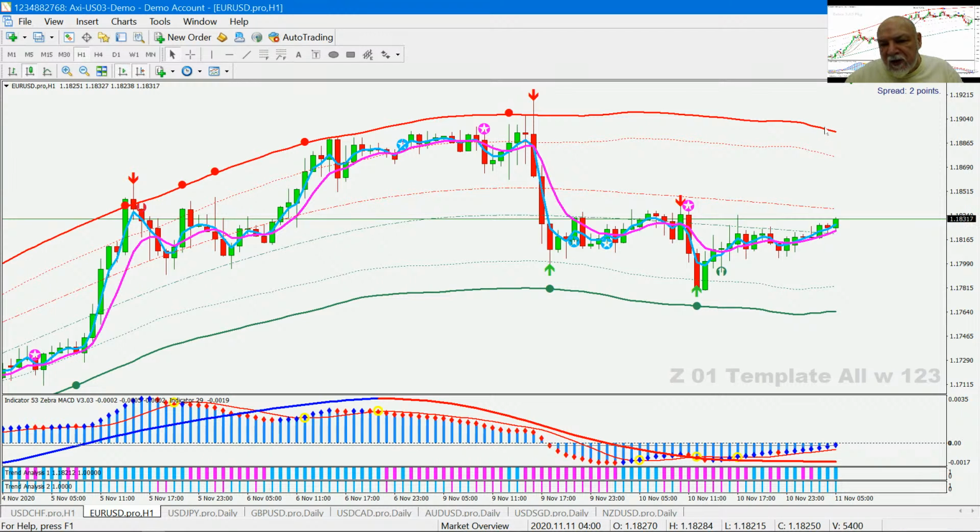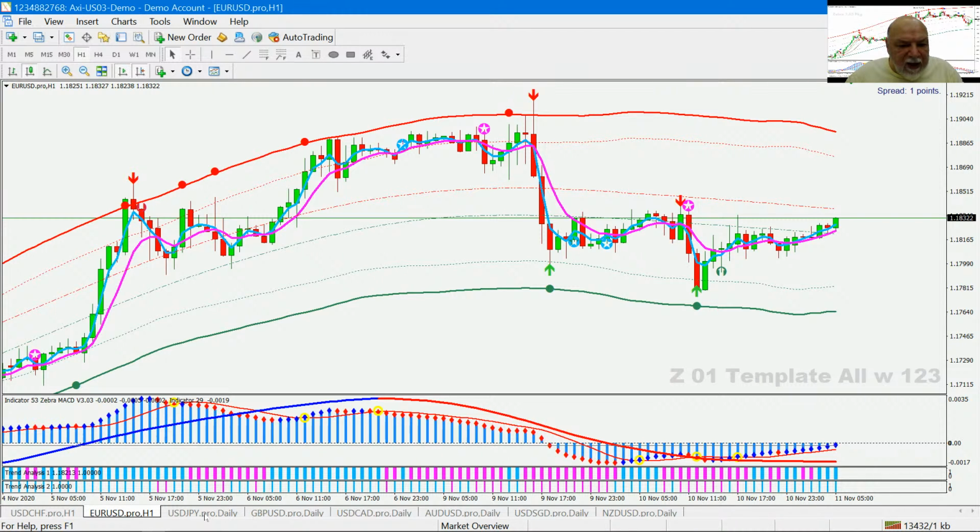Okay, so the top band is coming down, the bottom band is kind of coming up, but overall it's coming down, and that confirms here. But the MACD is showing a slight rise, and down below here we still have strength. So nothing in the euro.